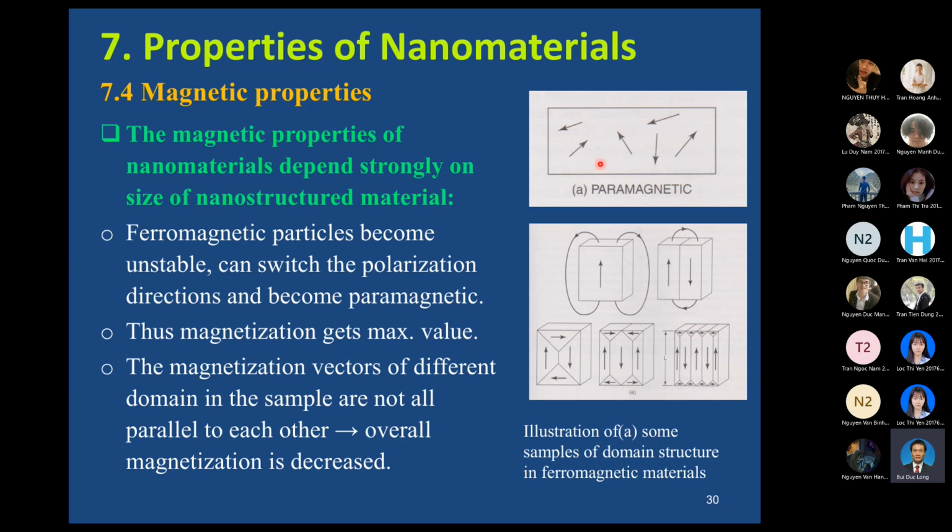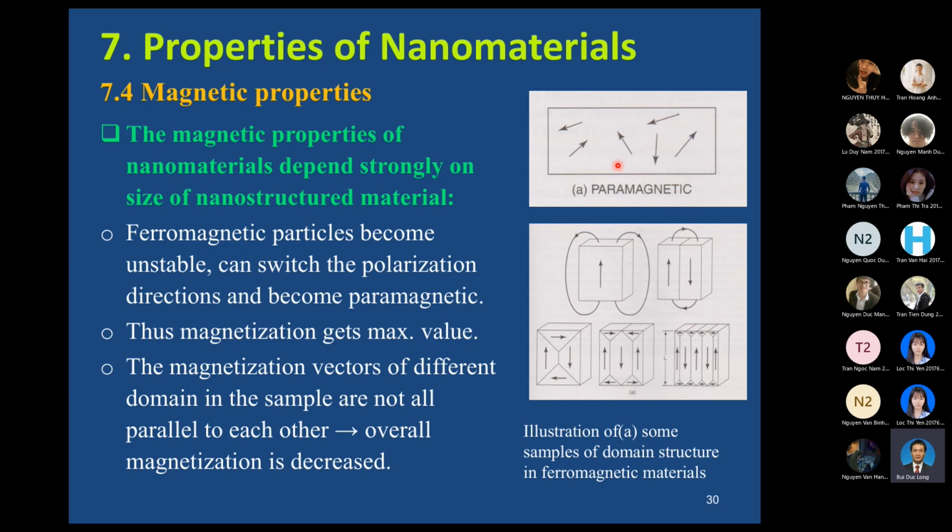In the bulk material, the magnetic vector can be in any direction. So the magnetization gets a maximum value in bulk material.